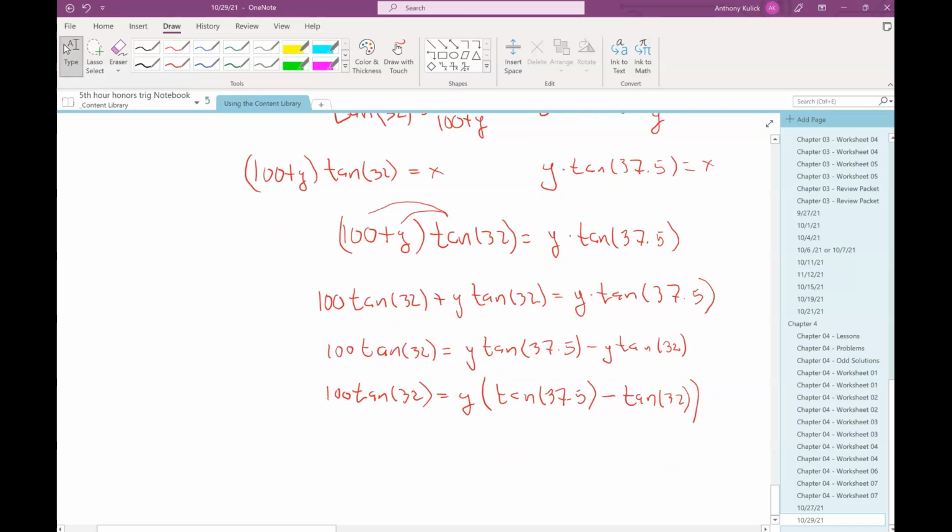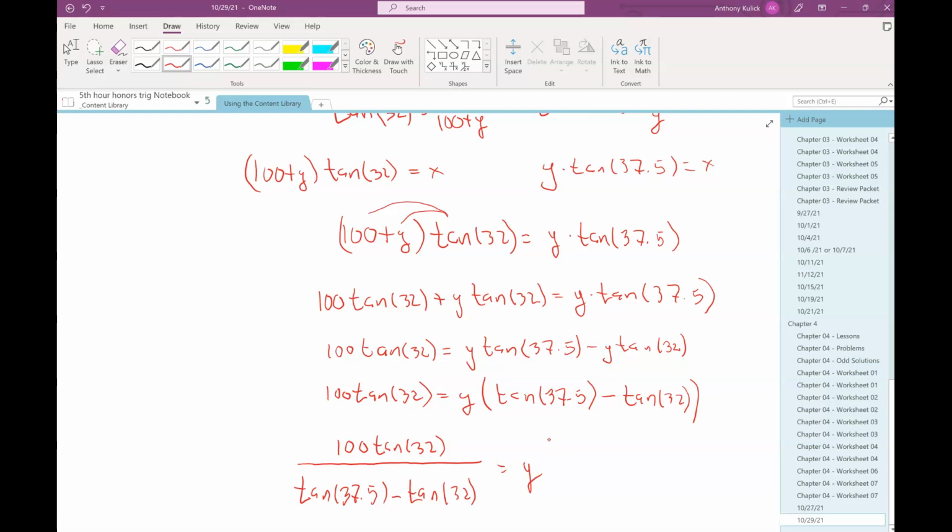And divide both sides by tan 37.5 minus tan 32. Everybody good algebraically with what I've done to get to this step?